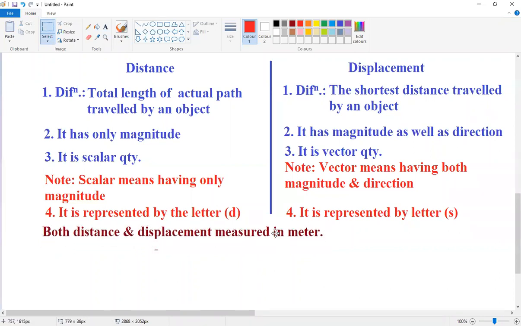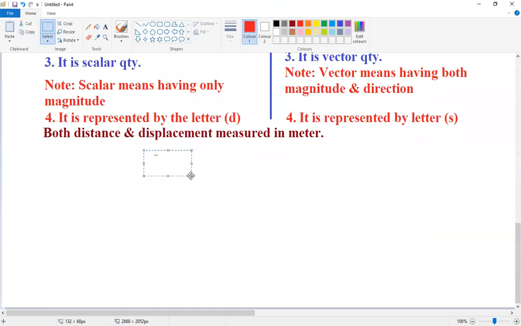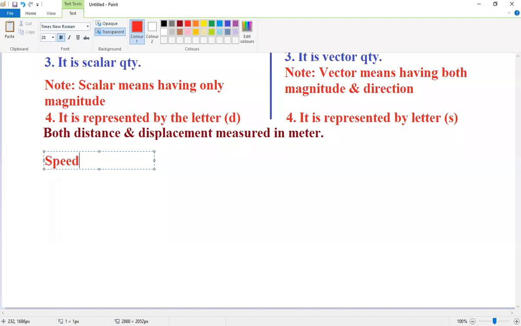All right. So now the next terms, speed and velocity. The next concept is speed.